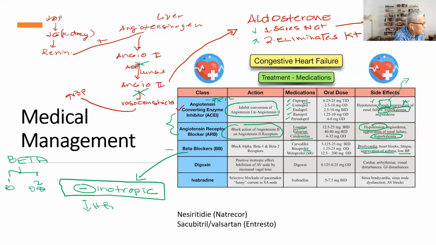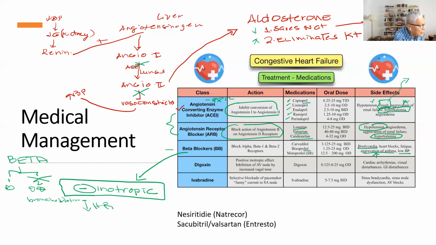So the action on the lungs is bronchodilation. But if you block this, what's going to happen? You're going to have bronchoconstriction. And that is the reason why this aggravation of asthma and other respiratory conditions actually would be a side effect.